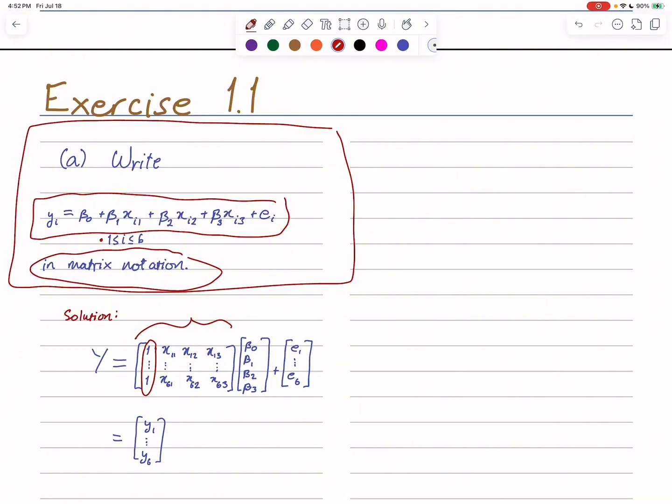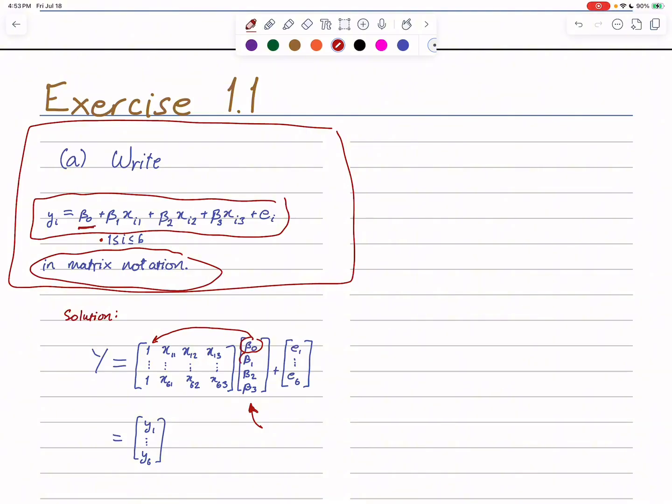So we're going to give it a column of all ones in the design matrix. And over here, we're going to write our vector of coefficients with the first component being beta 0. What that, in effect, is going to do is mean that beta 0 always gets multiplied by 1. And so that's how this beta 0 term shows up.